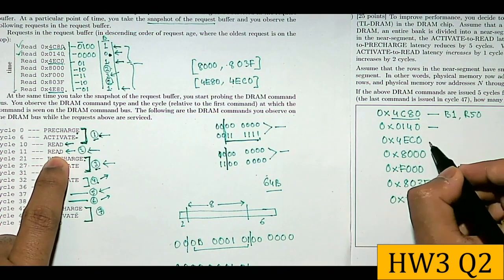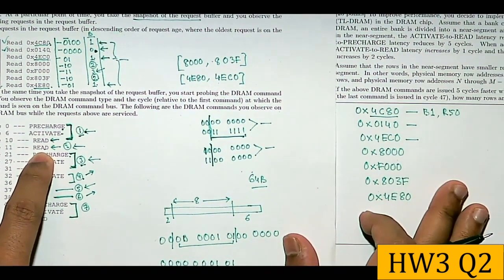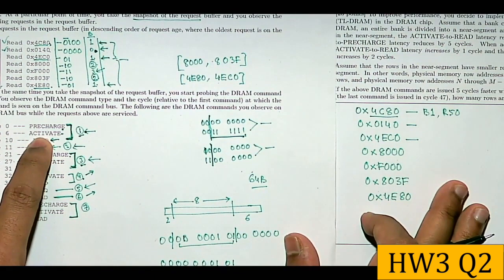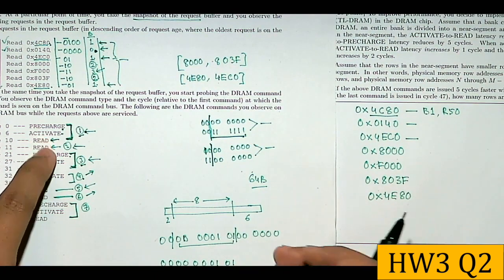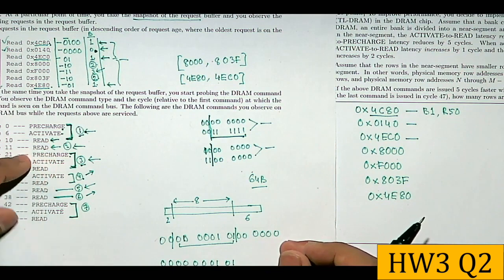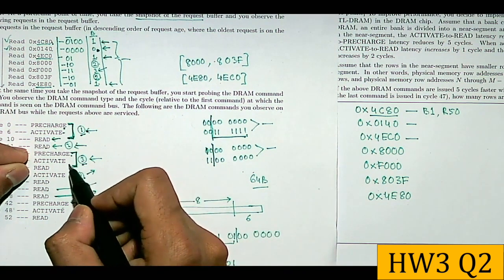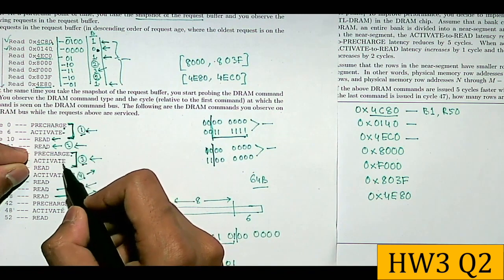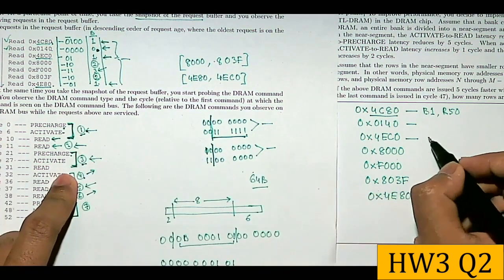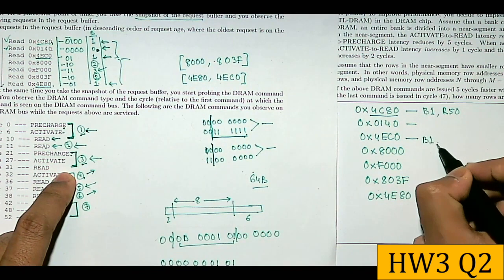Okay, so this is just a read command for the second one. So let's not consider that for now, because these are anyway not creating any activate requests, so we might not consider it for now. Okay, so let's see. The third access also comes with the issue sequence: pre-charge, activate, and read. This one is also to bank 1.